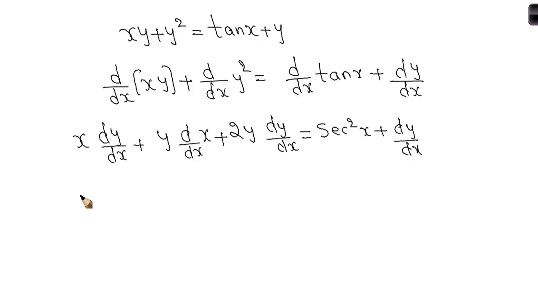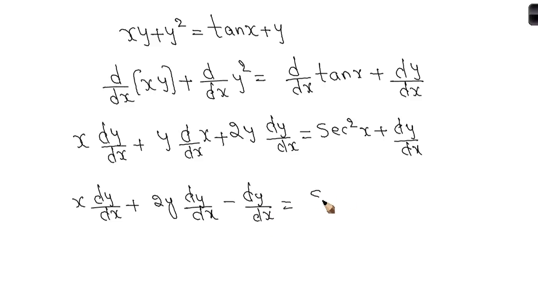So let me take all dy by dx to one side, that is x into dy by dx plus 2y into dy by dx minus dy by dx is equal to secant square x minus y.